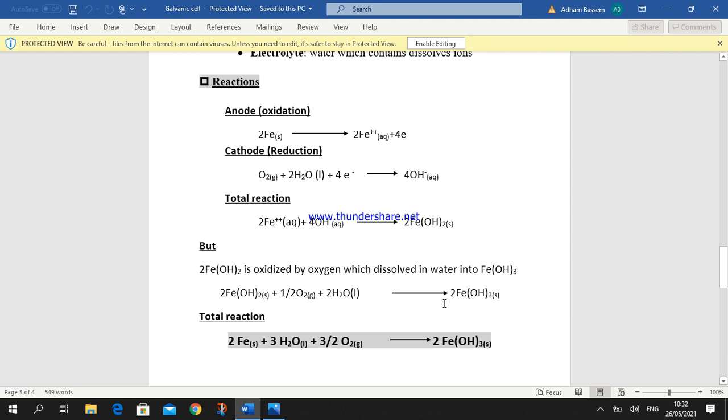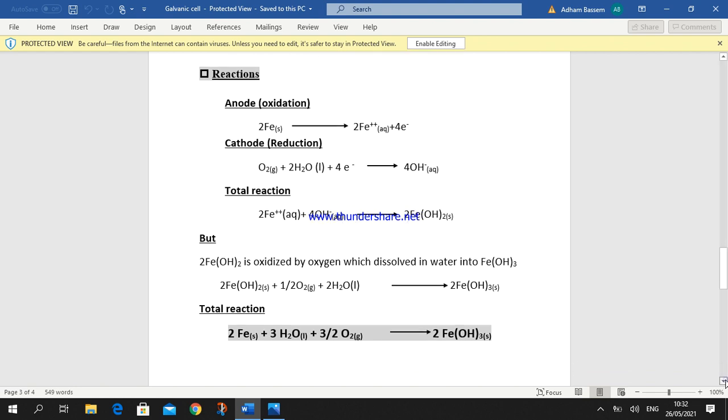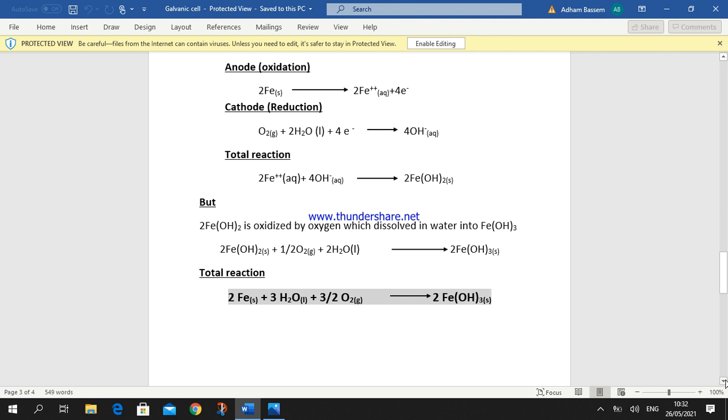So the net equation of the rusting process: 2 neutral atoms of iron plus 3 molecules of water and 3/2 oxygen molecule produce 2 molecules of ferric hydroxide, Fe(OH)3. This net equation explains what happens during the oxidation reaction in the rusting of iron.